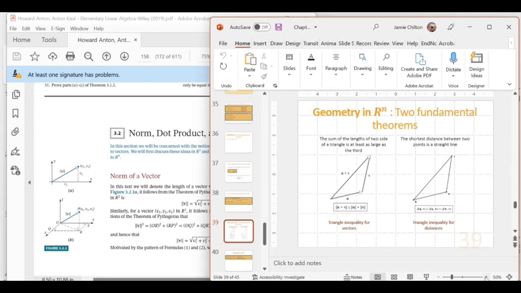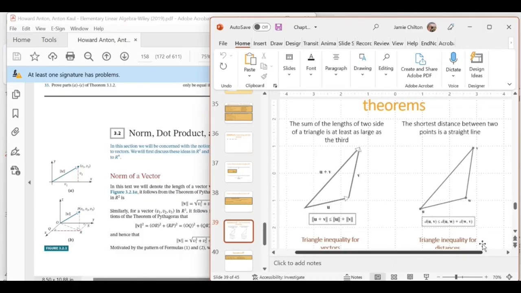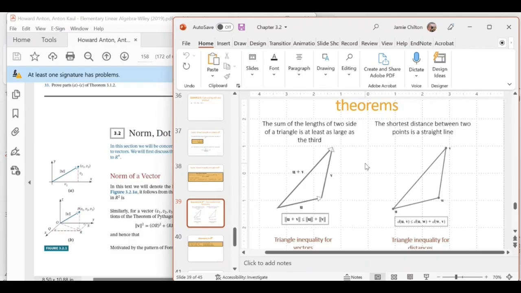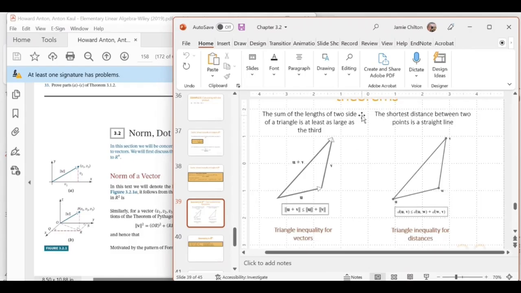If we zoom in on this, the sum of the lengths of two sides of a triangle, here the sum of U and V, is at least as large as the third side. I think that makes sense.